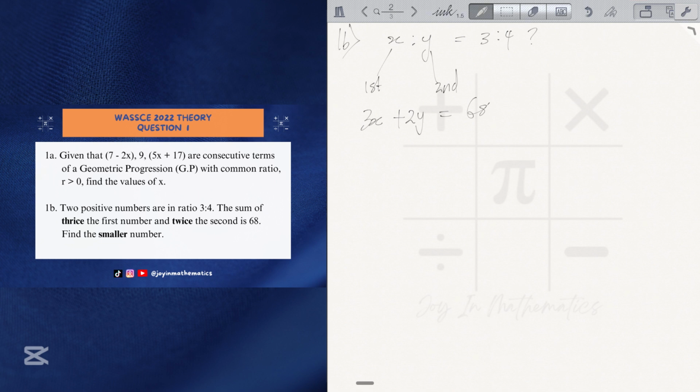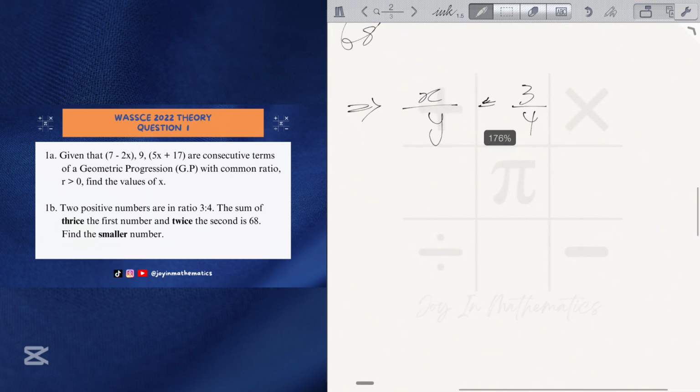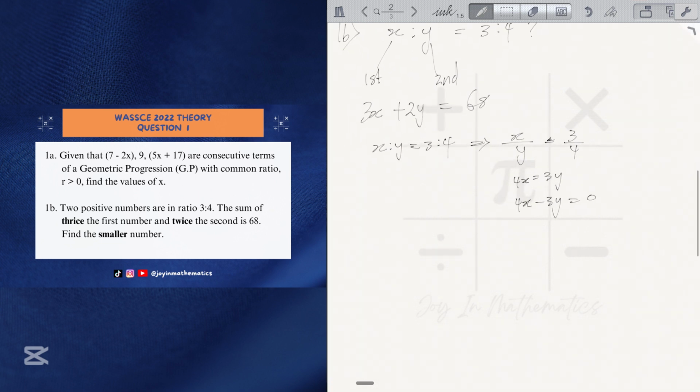So let's focus on x ratio y is equal to 3 ratio 4. Now this can be written as x divided by y is equal to 3 over 4. So when we cross multiply, we will have 4x is equal to 3y. And if we put it in terms of an equation, we will have 4x minus 3y is equal to 0.